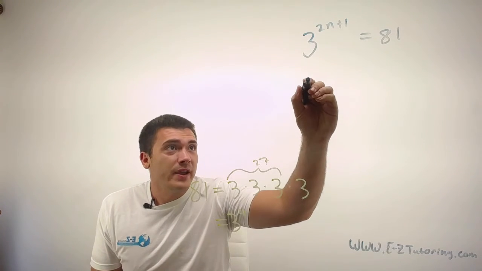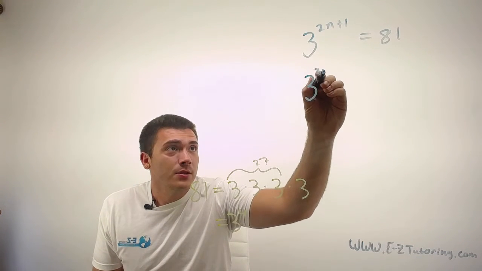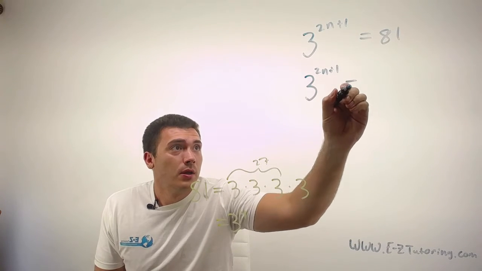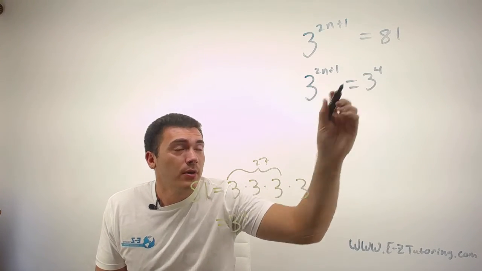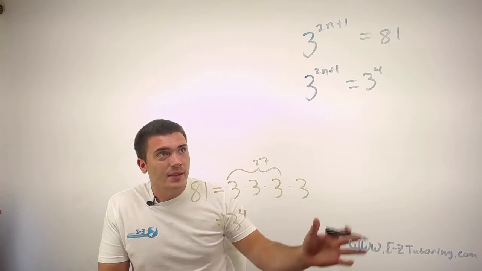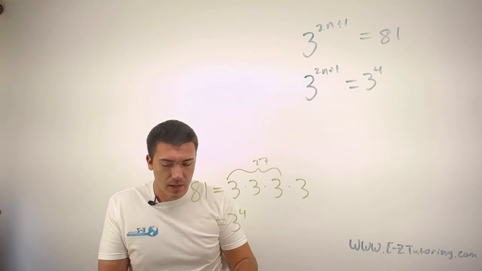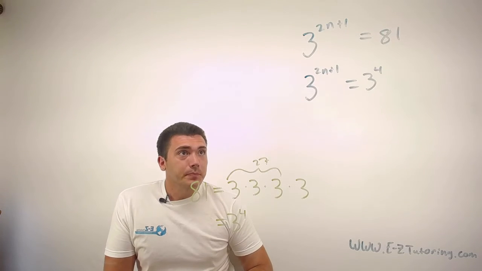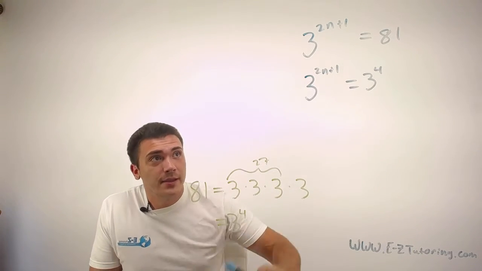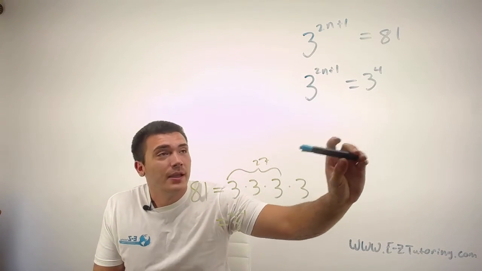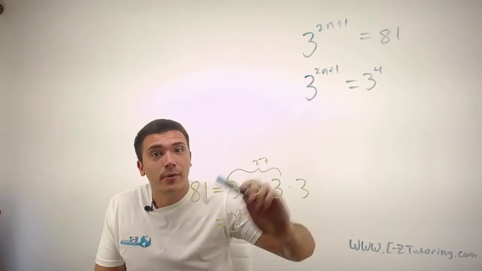So that means if I go back here, I can change this to 3 to the power of 4, and this equation is still the same as before. We just rewrote 81. Now this equation says 3 to a power is equal to 3 to a power.